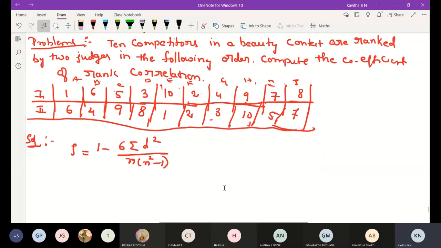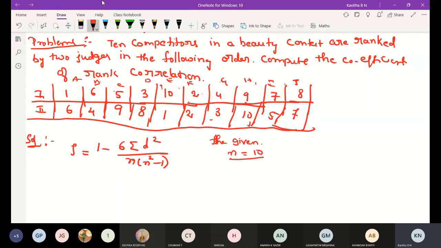Next, observe here n. By the given data, n is equal to 10 since there are 10 competitors.